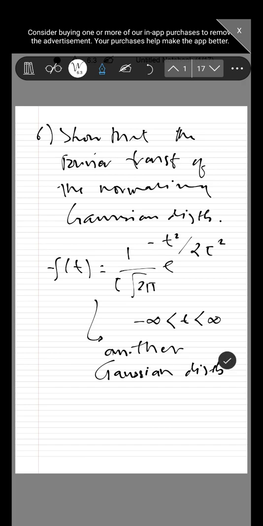So from one Gaussian distribution, the Fourier transform is another Gaussian distribution.